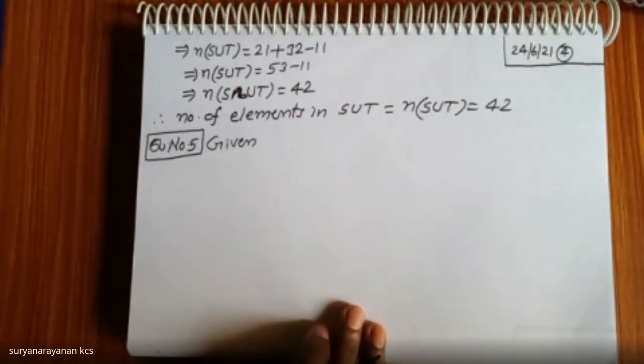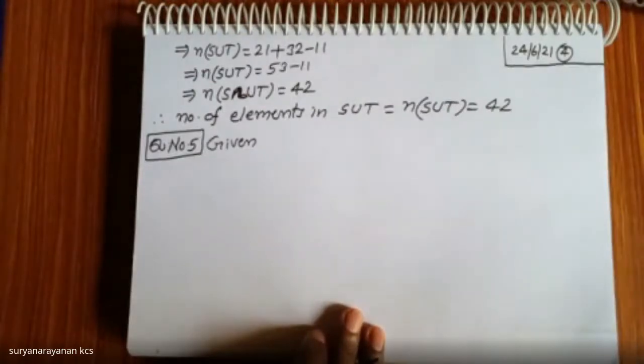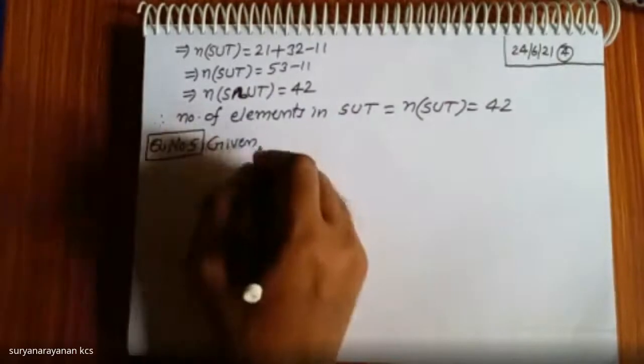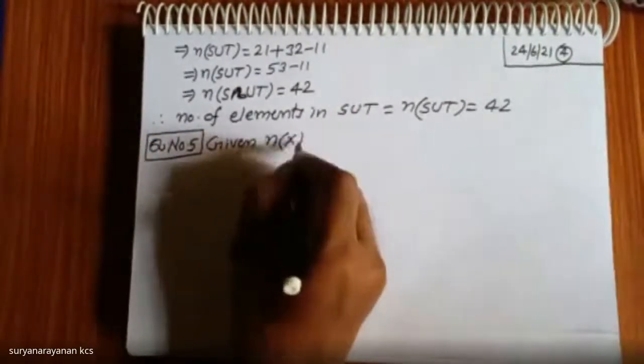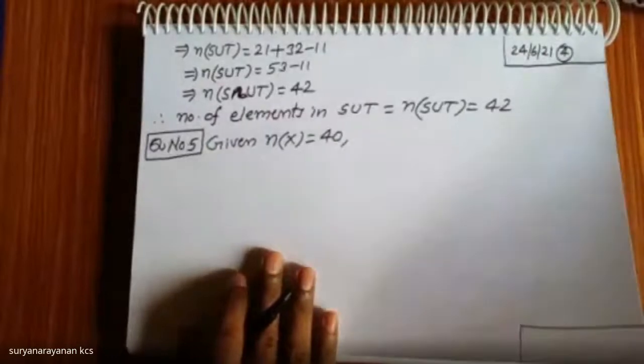Very good, my dear Nikhil. N of x is equal to 40.